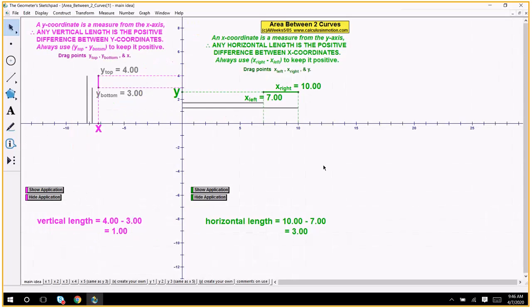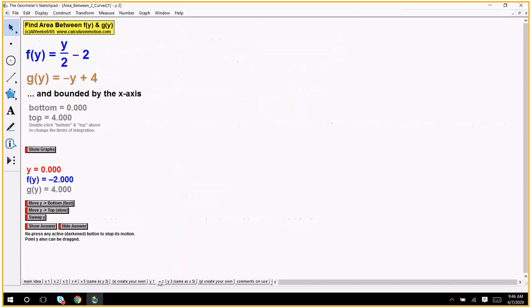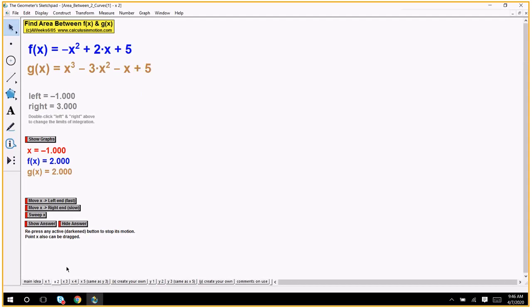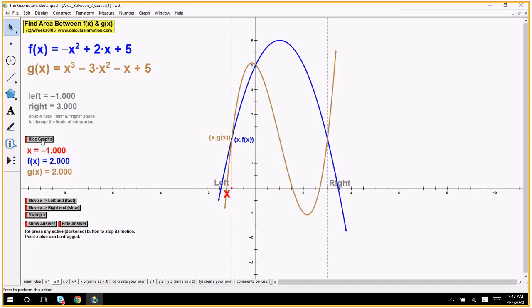This kind of helps out. Well, it's supposed to. Oh, there we go. All right, here's also how it turns out, finding those areas right there.